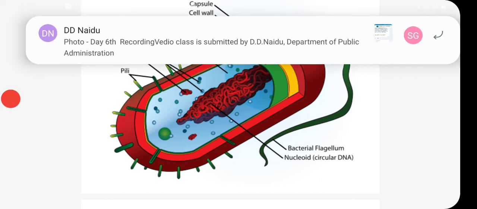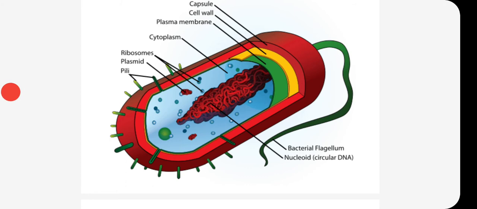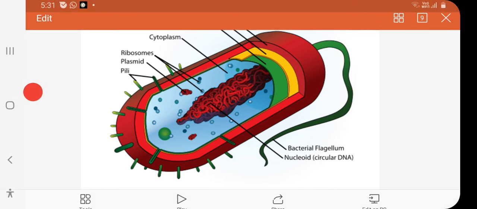It is a simple circular DNA which cannot form chromosomes, meaning it doesn't contain histone proteins. Simple naked DNA is present in the center of the cytoplasm, which is also known as the nucleoid. We simply call it the bacterial chromosome.